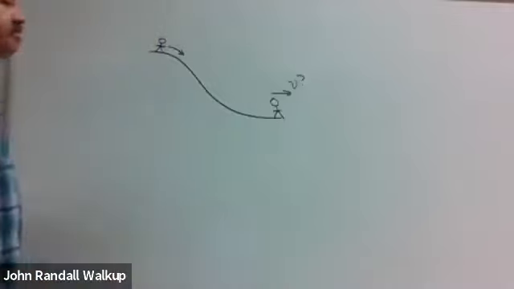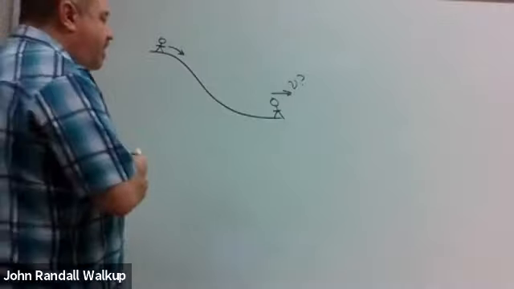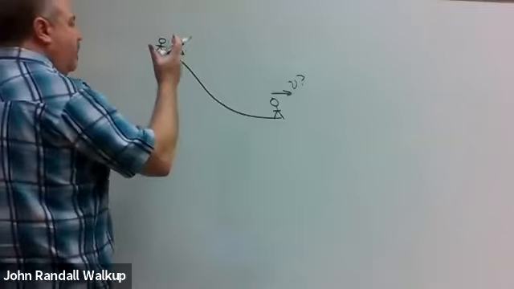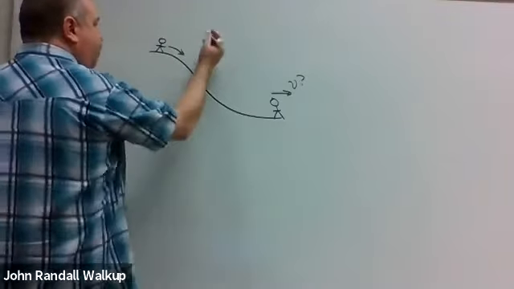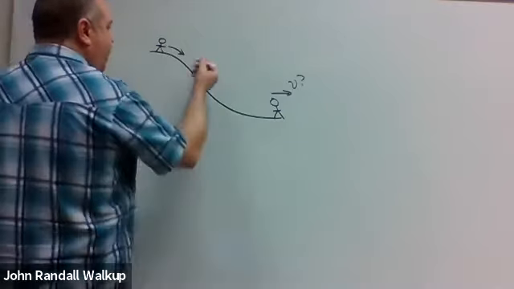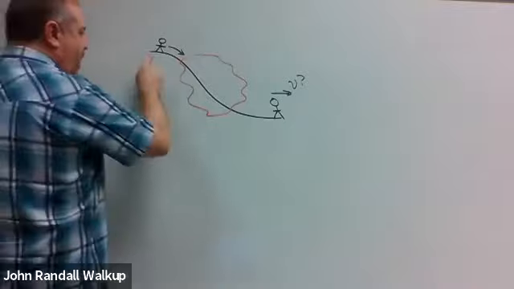So what we would like to do, keep in mind, what was so really cool about energy conservation was that we didn't have to worry about what took place between the top and the bottom.